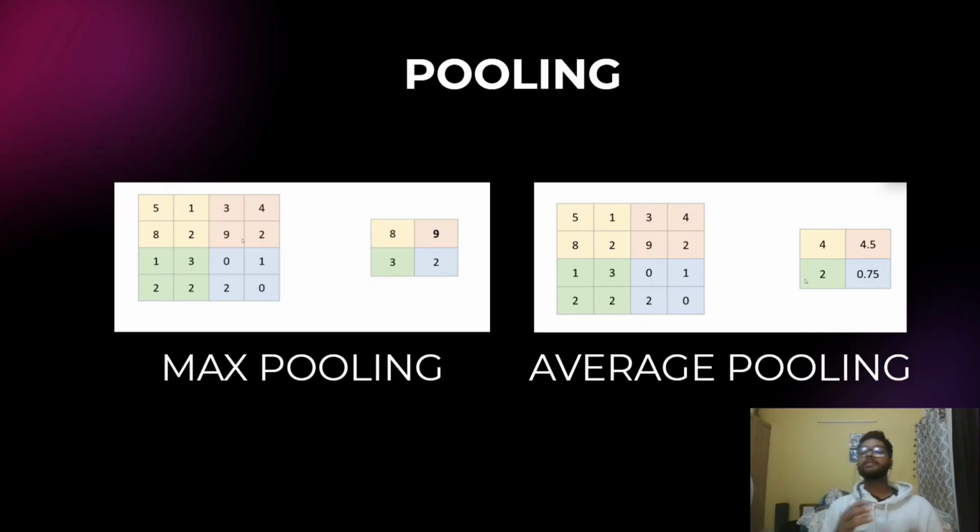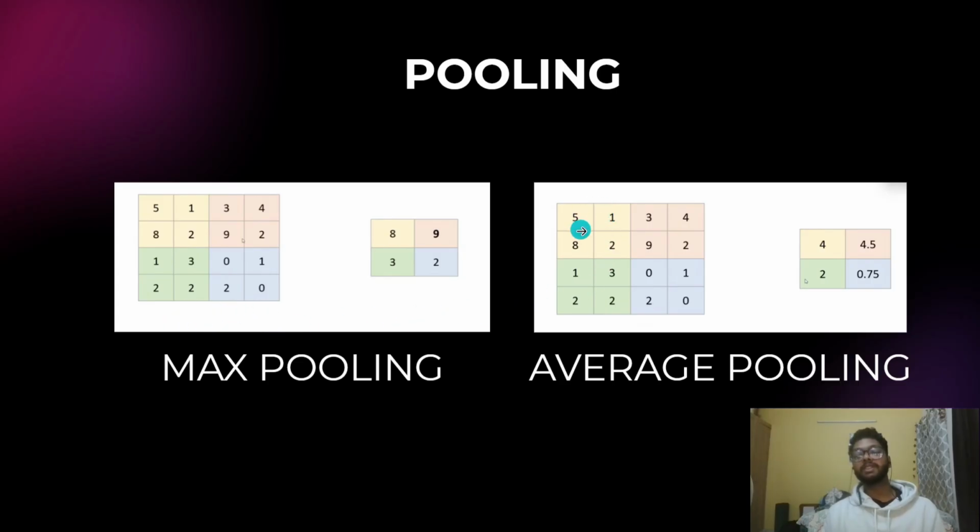Now, pooling further reduces the image dimensions. Suppose we have a feature map of 4 by 4. We divide it into 2 by 2 grids. Now each 2 by 2 grid is replaced by the maximum value present there, and this is called max pooling.